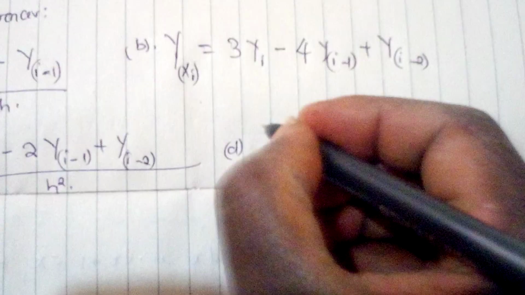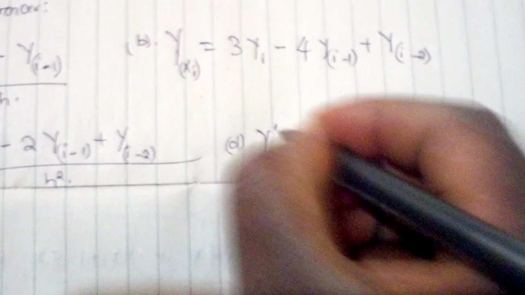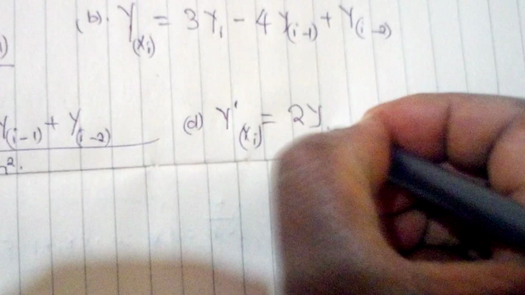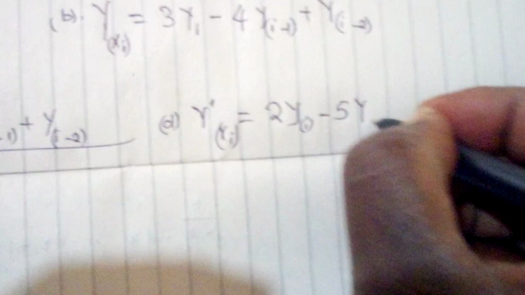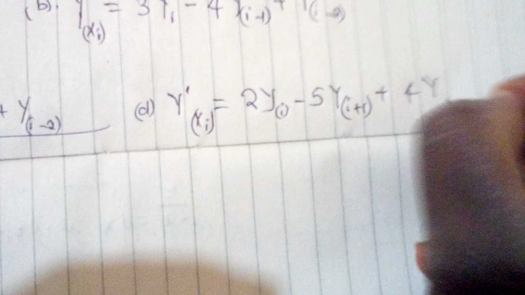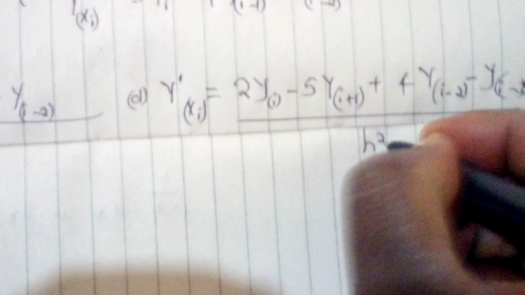We have y double prime xi is equals to 2 y i minus 5 y i minus 1 plus 4 y i minus 2 minus y i minus 3 divided by h squared.